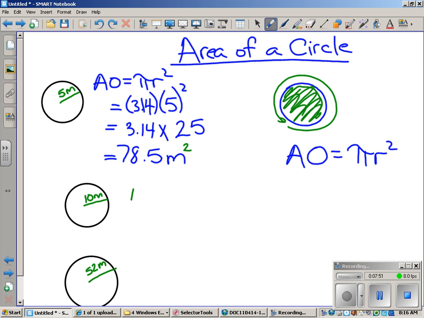They're all the same. Area of a circle, you start with your formula, pi times radius squared. You put in what you know. 3.14 is pi every time, and our radius in this case is 10 squared. Using BEDMAS, you know you have to do the 10 squared first, so you write this just like it appears.